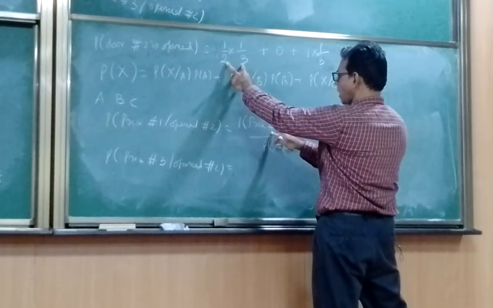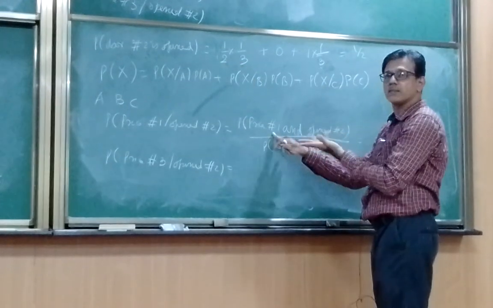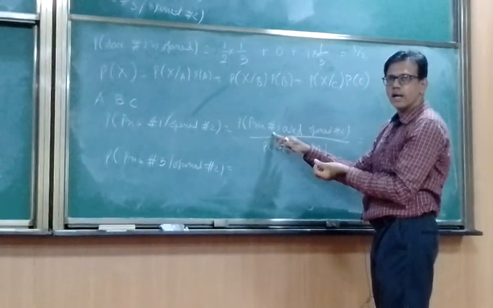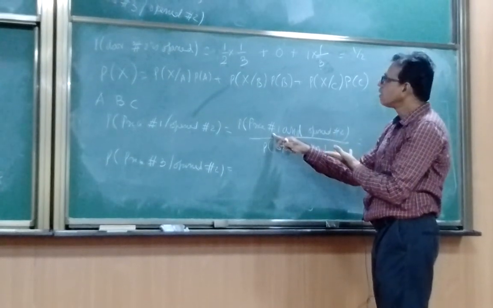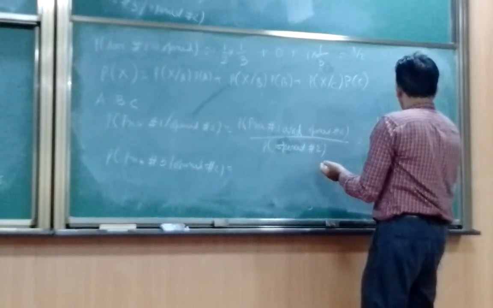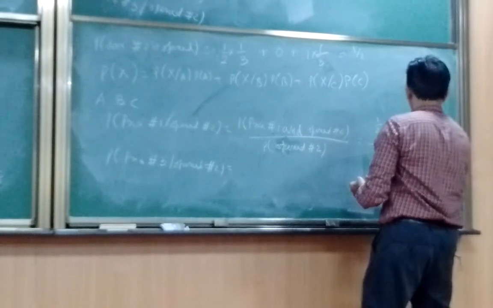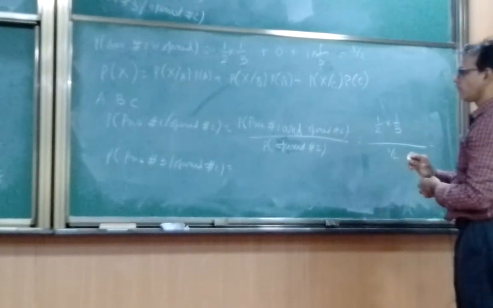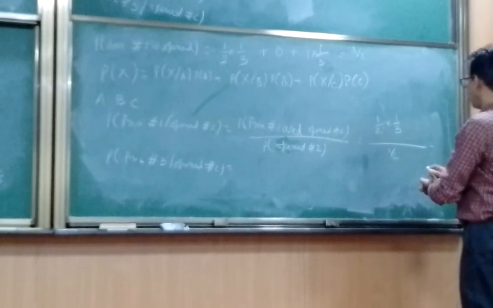Because the price is in 1 and he has chosen 1, 2 or 3 can be opened, with equal probability. So it is actually 1 by 3 into 1 by 2, divided by this one, which is 1 by 2. So then this is actually how much? 1 by 2.